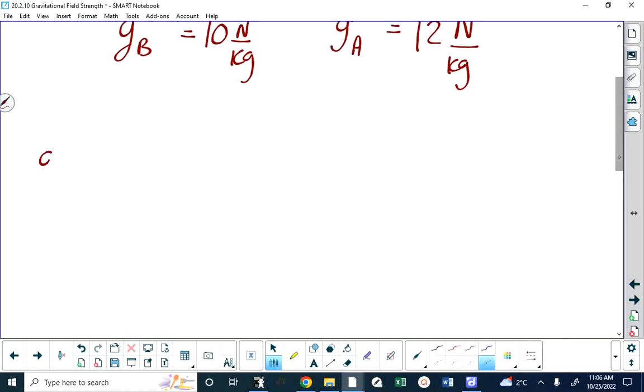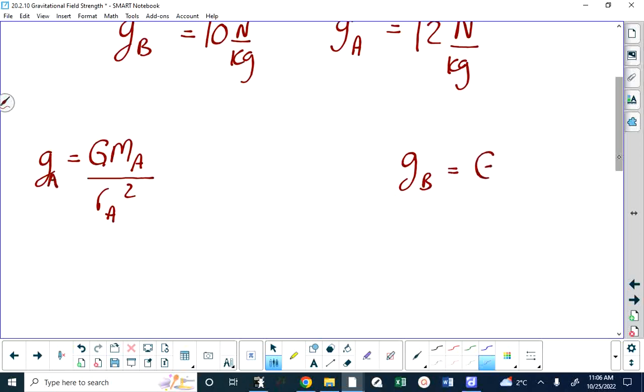And now what you can do is use this formula and this formula to find the radius. Now we also have to make up something else, don't we? The mass. But the masses are the same.